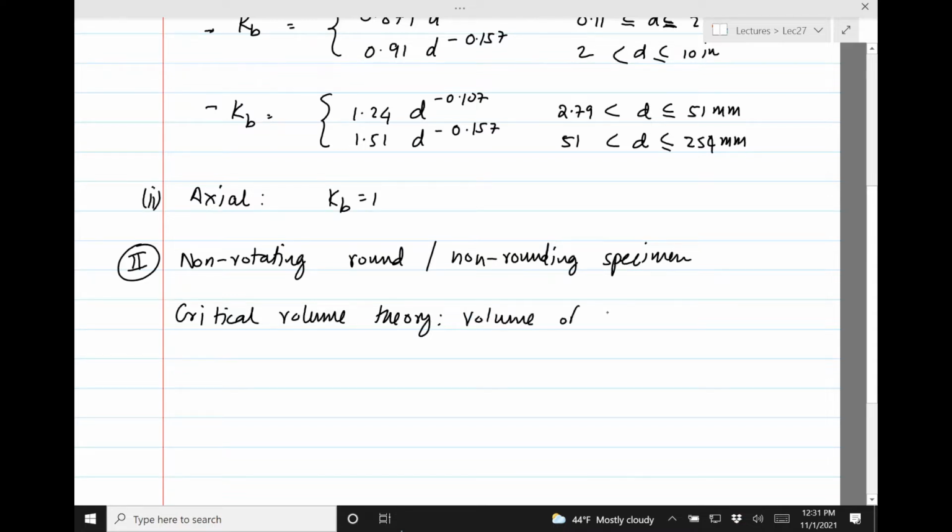the volume of material experiencing 95% of maximum stress is critical.